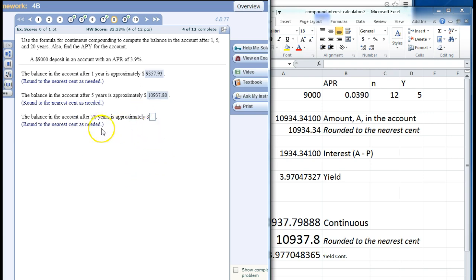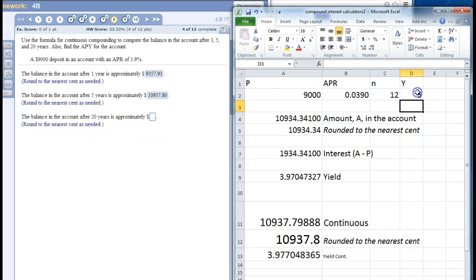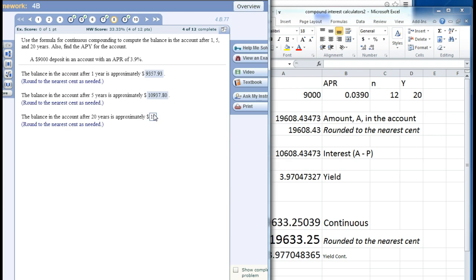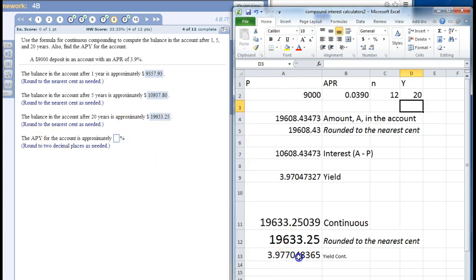Okay, and then for 20, $19,633 and a quarter. Alright, and then the yield. There's our yield. Yield means yield for the continuous compounding. So we want to round it to 2 places. So that's going to be 3.98%.